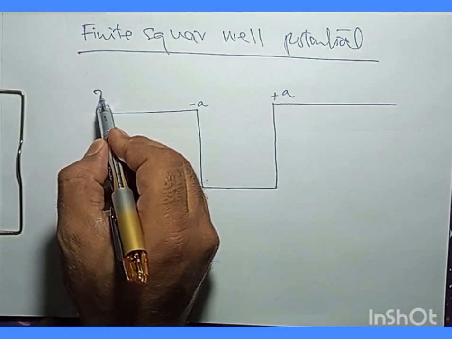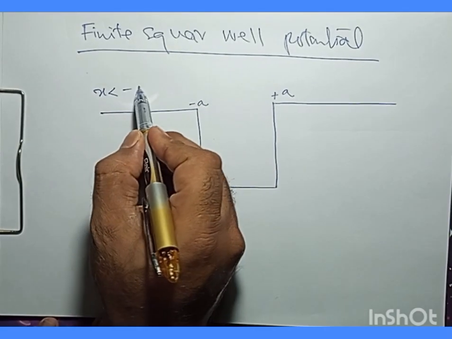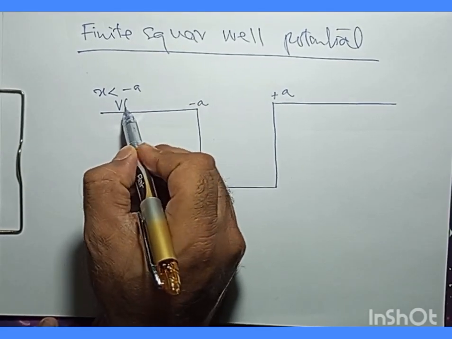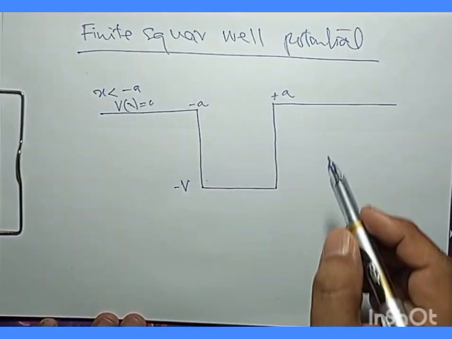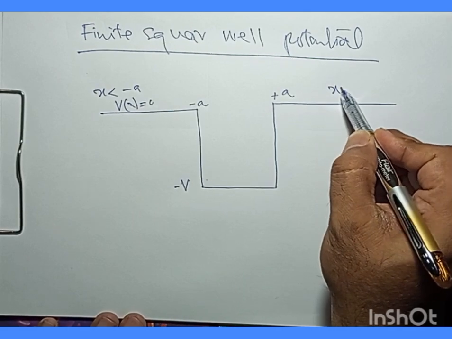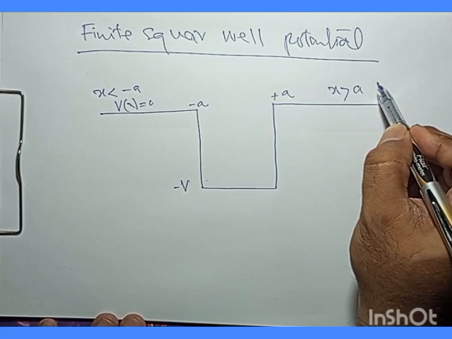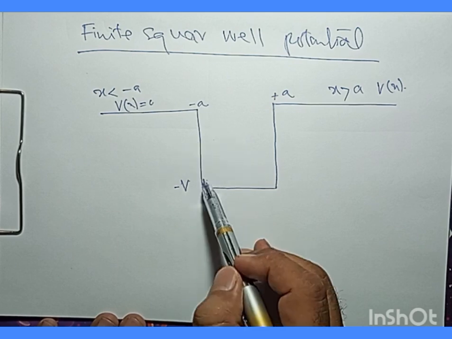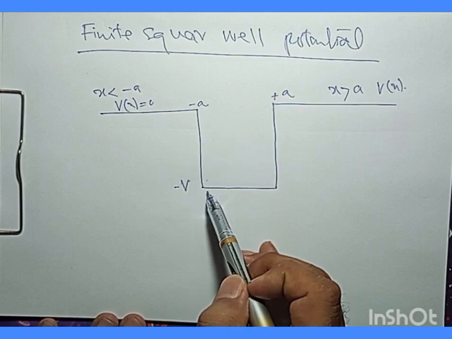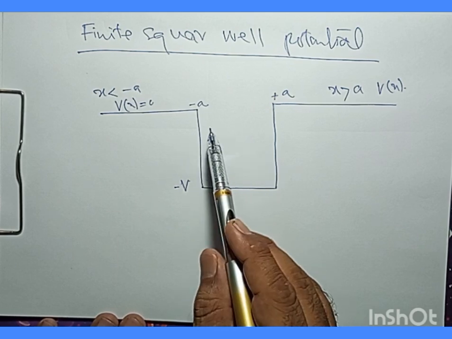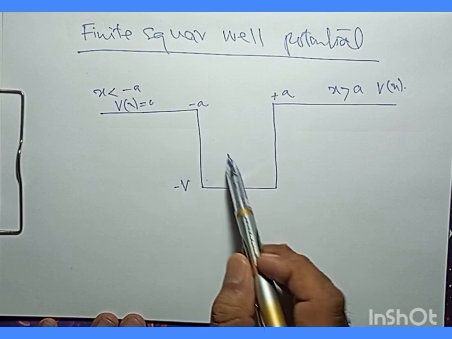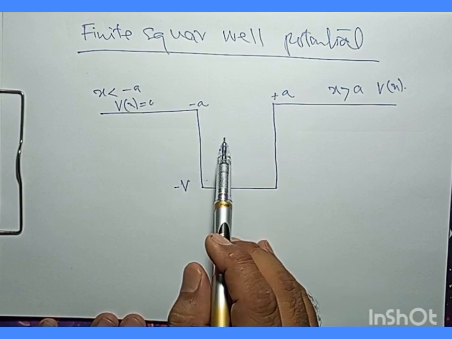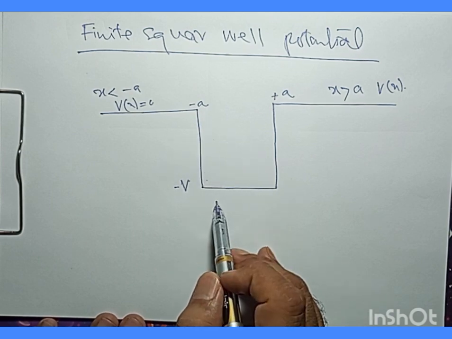For x less than minus a, the potential is zero, and the same is true for x greater than a, where the potential is zero. So the potential is negative in this problem, and this constant negative potential extends from minus a to plus a.